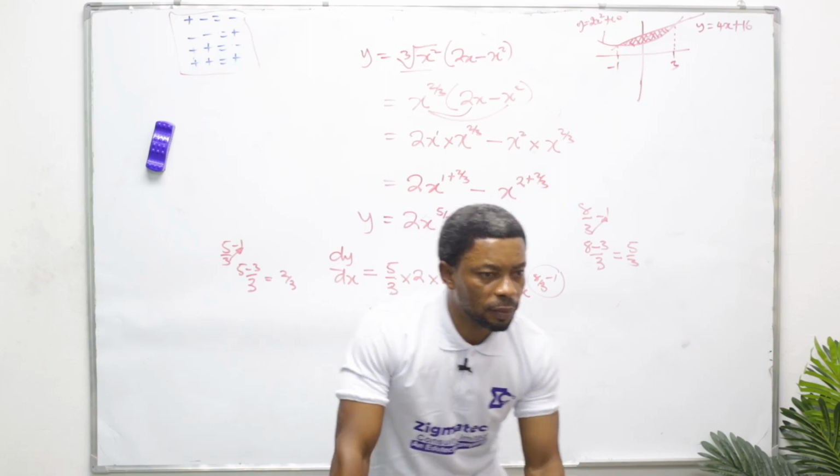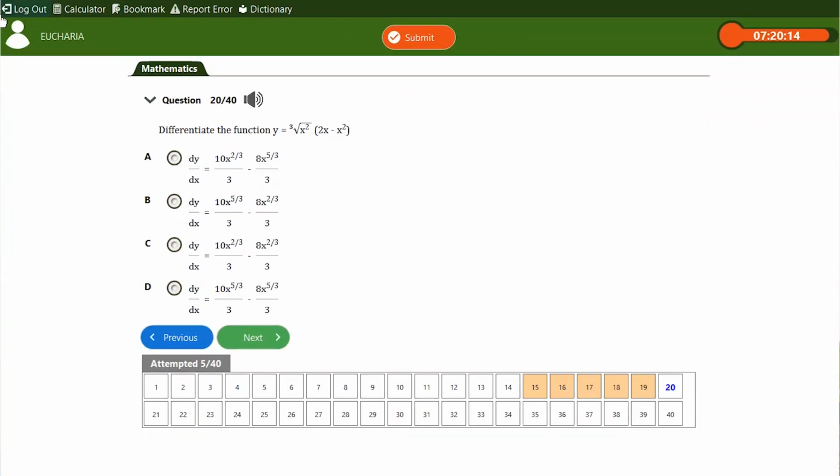Let's check: 10 over 3x raised to power 2 divided by 3 minus 8 over 3 x raised to power 5 over 3. Wow. So the answer is A. Letter A. The option is A.